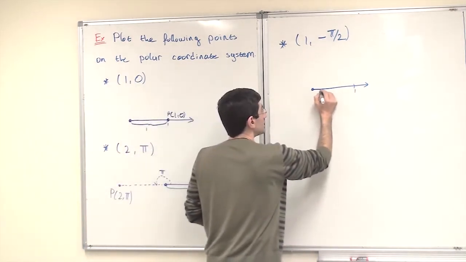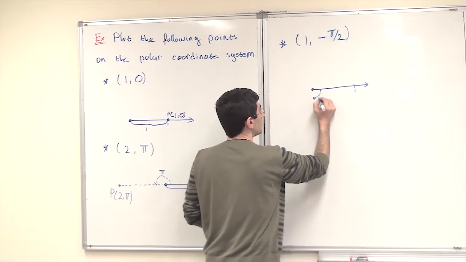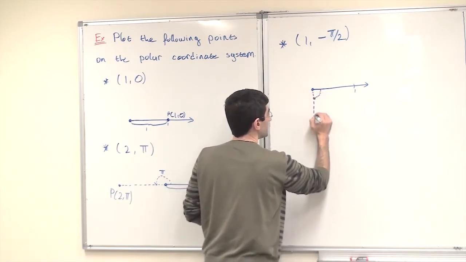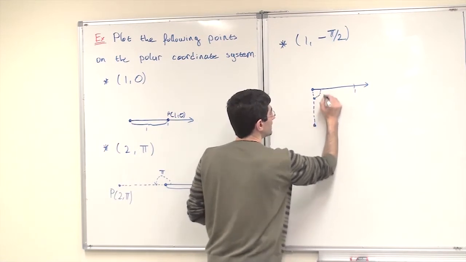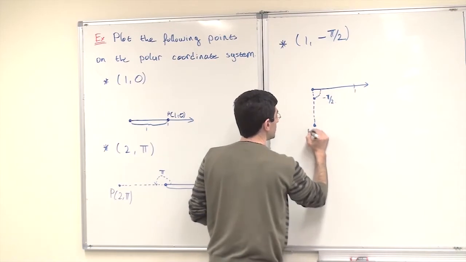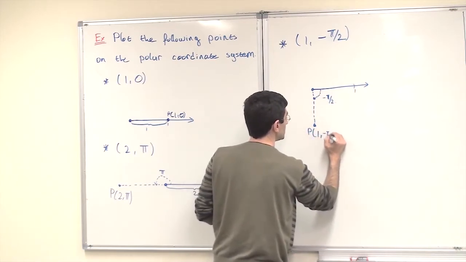So this distance rotated in the clockwise direction, and we will find that point. This angle is negative pi over 2. That point is 1, negative pi over 2.